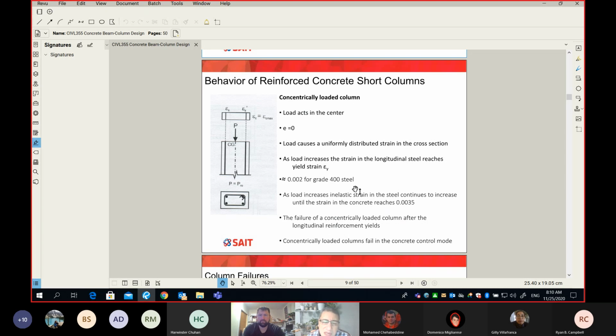Now, the column will still take more load until the strain in the concrete becomes 0.0035, which is the maximum strain in concrete, and this will mark the end of the life of this column.